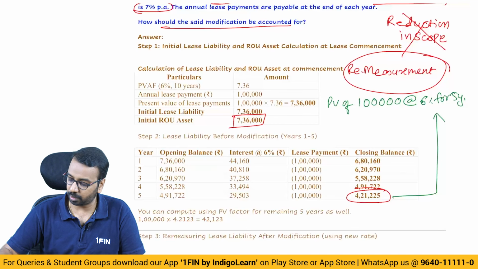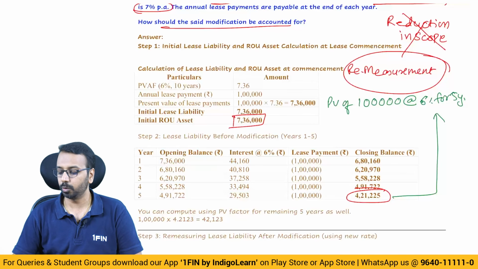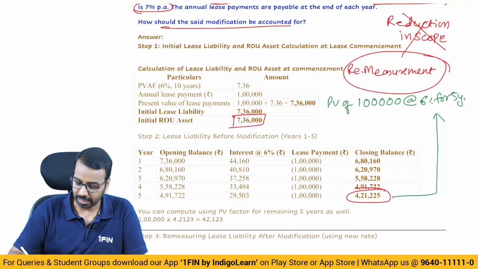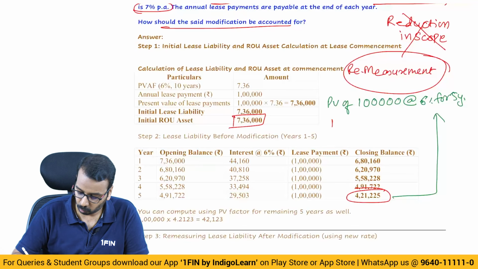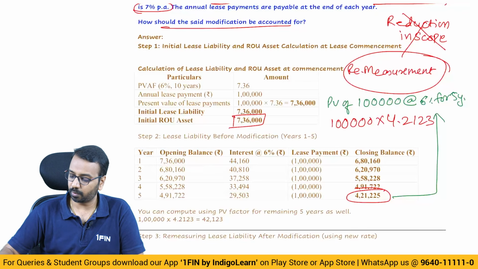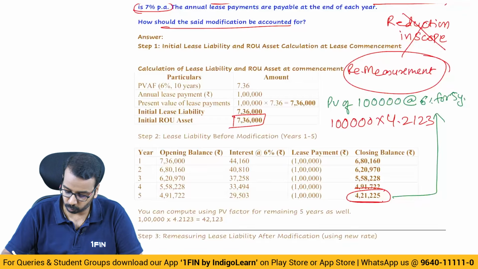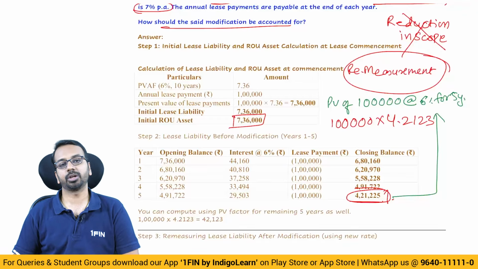So 1 divided by 1.06 is 0.9433 for the first year, and so on for the second, third, fourth and fifth year. The grand total is 4.2123, so multiplying by 1 lakh, I get 421,236. Here it is 421,225, because of rounding differences.